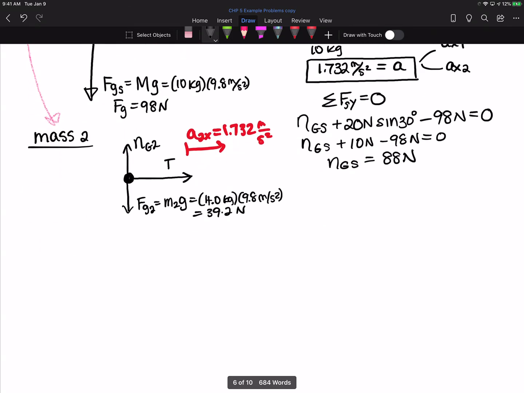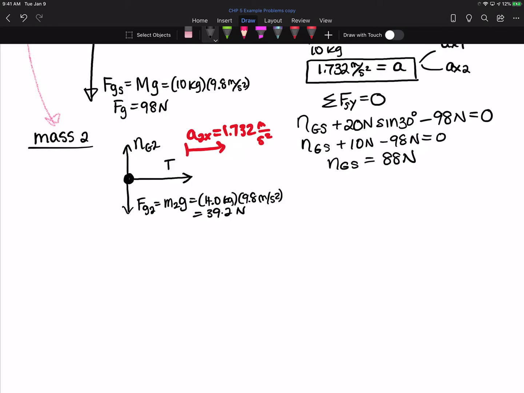So I'm going to move this up now, and I can focus just on my mass 2, which is 4 kilograms. And I can look at my free body diagram, and I can look at the sum of the forces on 2 in the x direction. That has to equal mass 2 times the acceleration of 2 in the x direction.